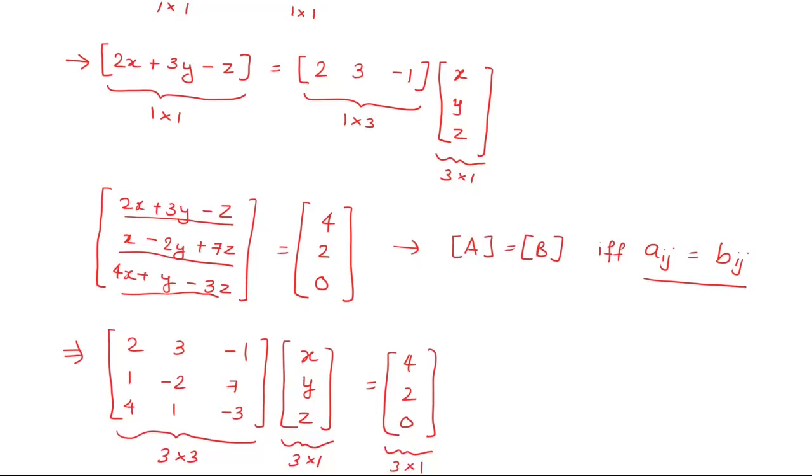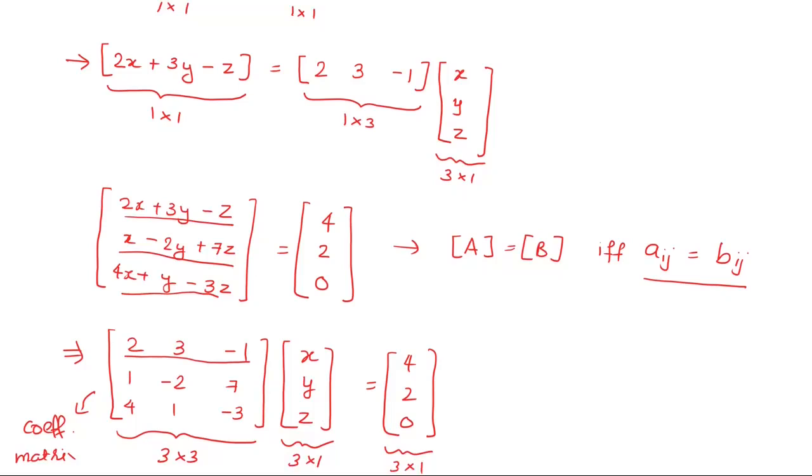And this makes sense if you see, if you multiply the matrix, which consists of coefficients, so we'll call it a coefficient matrix, take the first row and multiply it with our unknown vector, and you will end up with 2x plus 3y minus z. And similarly for the rest of the rows as well.